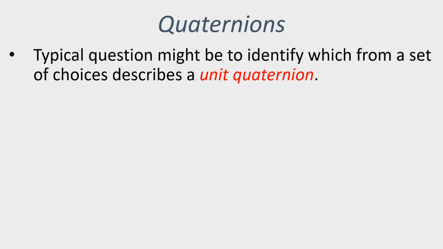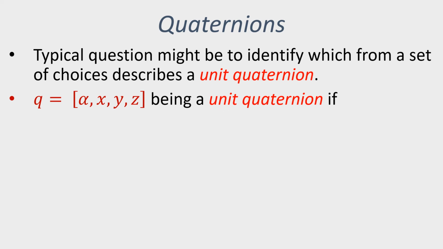We then moved on to look at applications. One of the important applications was the notion of quaternions. Quaternions provide very powerful techniques in three-dimensional graphics. A typical question you might see is being asked to identify which of a range of choices defines a unit quaternion.